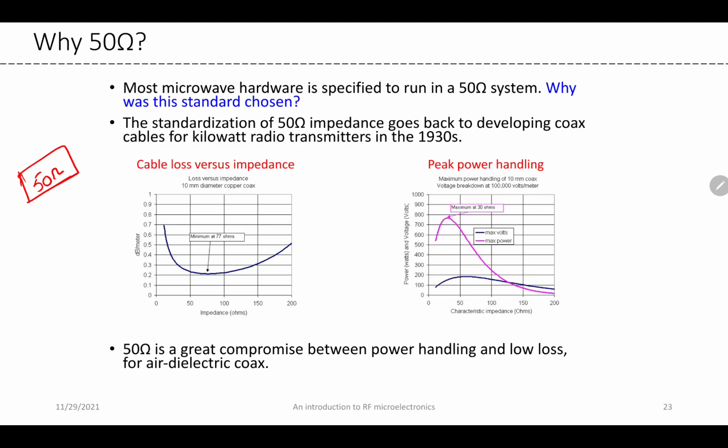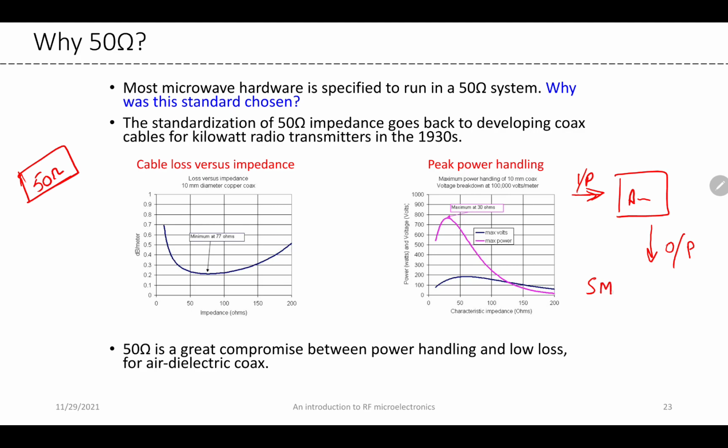The reason we work with 50 ohms is that in any RF system, for example, you have an input, then you have some amplifiers, then you have an output. So this input will be supplied through some connectors.